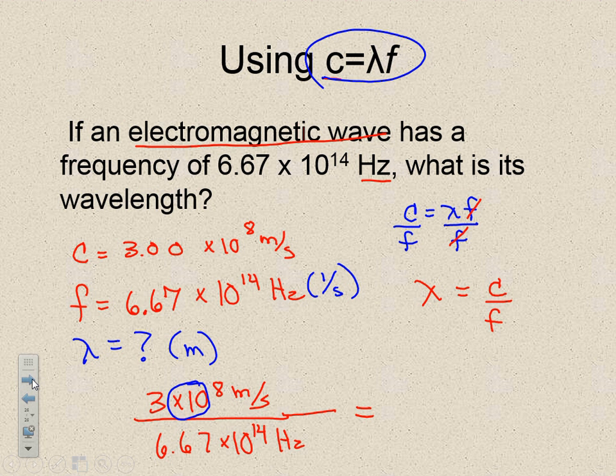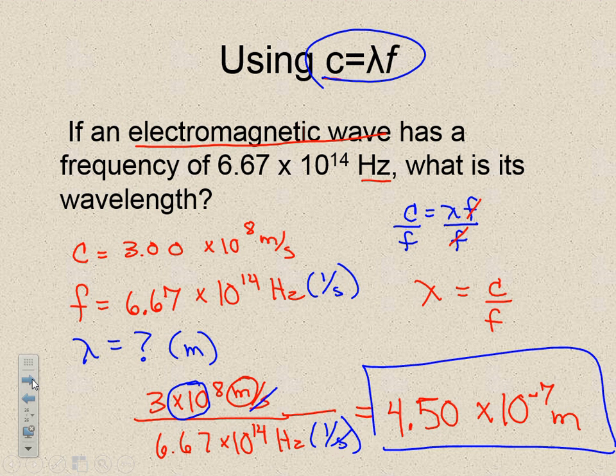When you divide properly, you're going to get a very small number. I'm going to round to 3 numbers, or 2 decimal places, 4.5. Look at the very end of your number. It's 10 to the minus 7th, and you're left with meters. This hertz is 1 over seconds, so seconds cancel. And that's our wavelength. So we're going to practice finding wavelengths and frequency tomorrow in class. That's it.